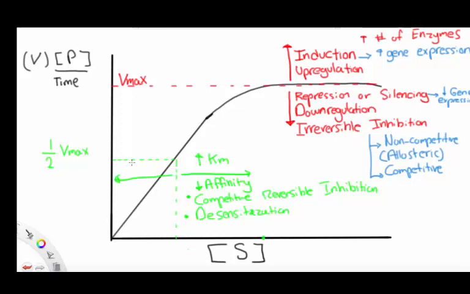If I shift the curve to the left, I'm decreasing the Km, I'm increasing the affinity. This is what we call activation of an enzyme. If somebody says sensitization, which is the opposite, or even the term potentiation of an enzyme, sensitization of a receptor, these are all terms used to tell us about changes in Km and changes in affinity.